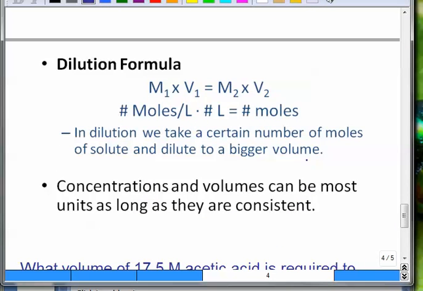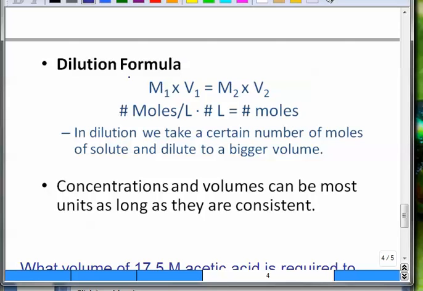Now, when we're using molarity, calculating the concentrations that we arrive at through a dilution, or calculating the amount of a stock solution that I need to make a known volume of a lower concentration, is relatively straightforward, because we know that the molarity, here represented by the capital M, times the volume in liters will give us moles.